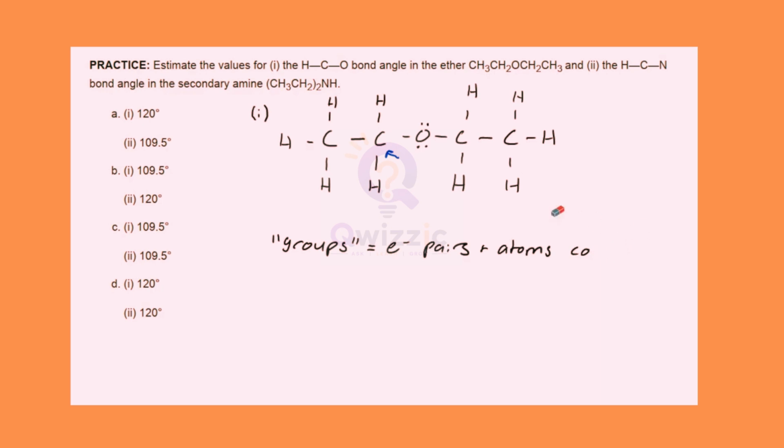Both of these things classify as quote-unquote groups. So focusing our attention on carbon, we have 0 lone pairs of electrons, but we have 4 other atoms connecting to carbon. This ultimately makes 4 groups in total, which corresponds to sp3 hybridization.